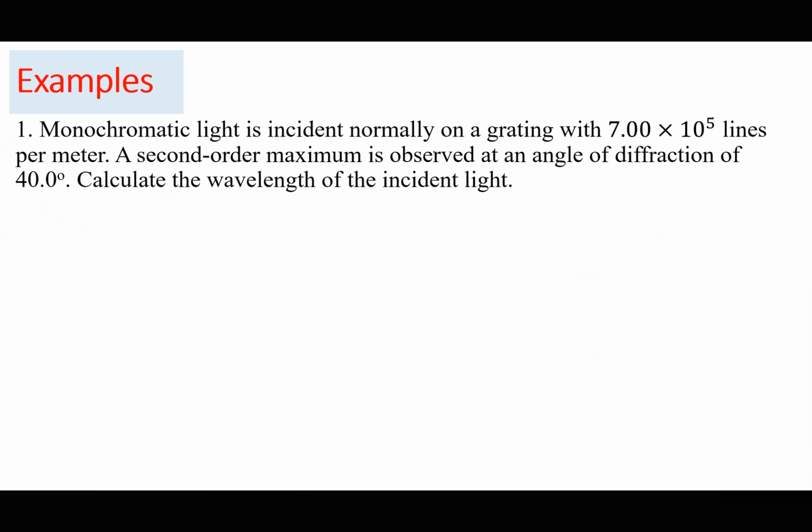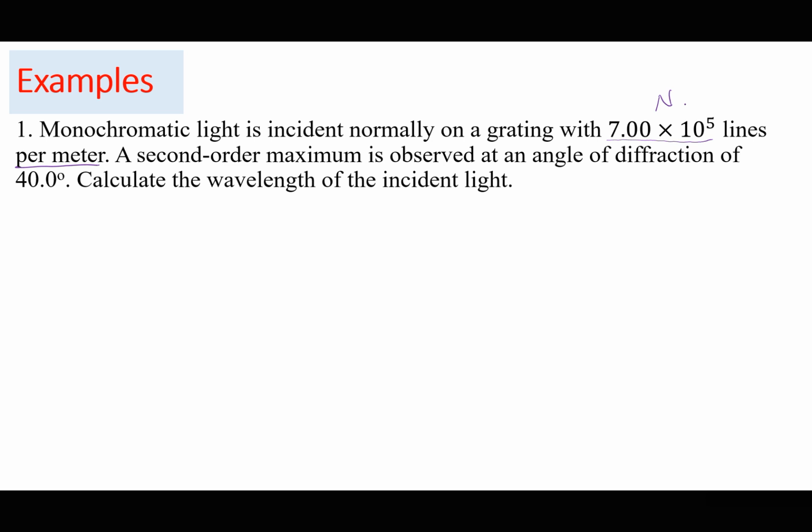Monochromatic light is incident normal on a grating of 7.0 times 10 to the power of 5 lines per meter. Of course, meter is an SI unit, so if it is lines per meter, I know that this is capital N. Now, I know students are always going to confuse capital N and small n.